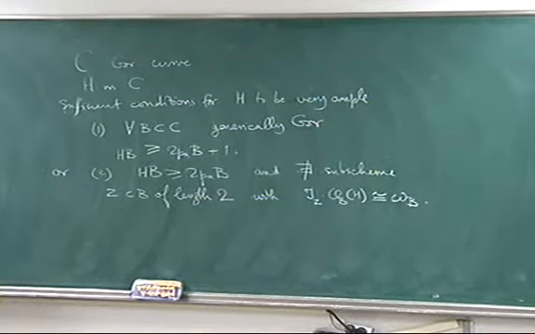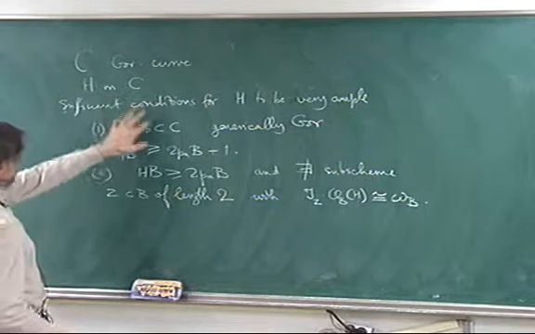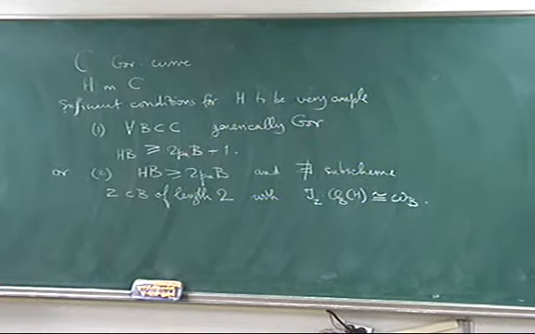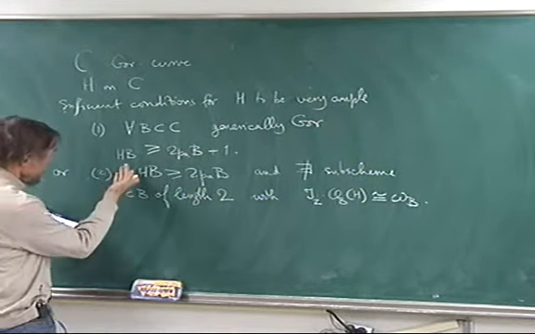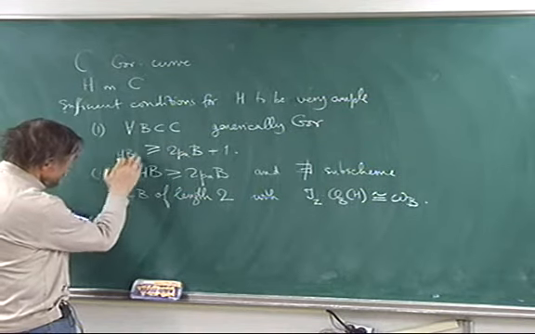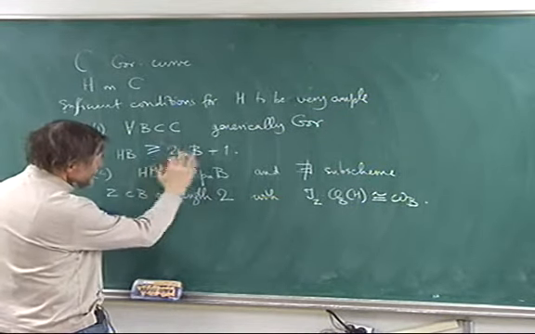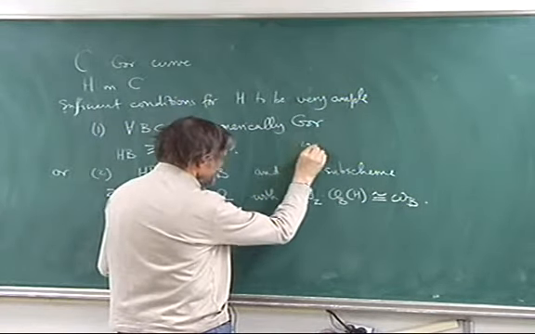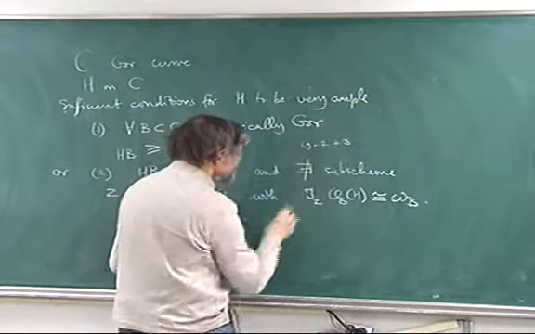Of course, I have in mind the case where C is arbitrarily non-reduced and so on. But if C is a non-singular curve, this is saying that the degree of H is greater than or equal to 2g minus 2 plus 3.